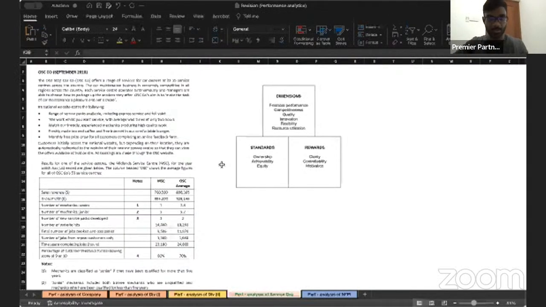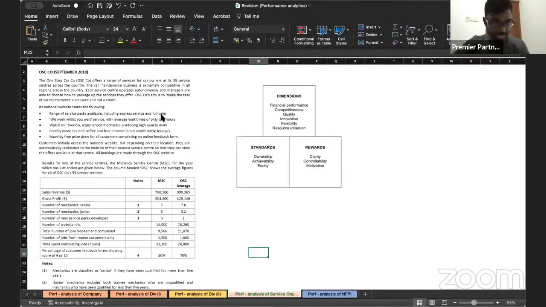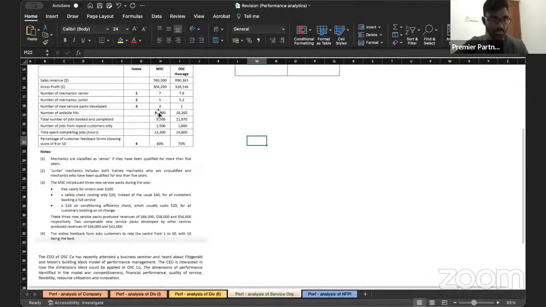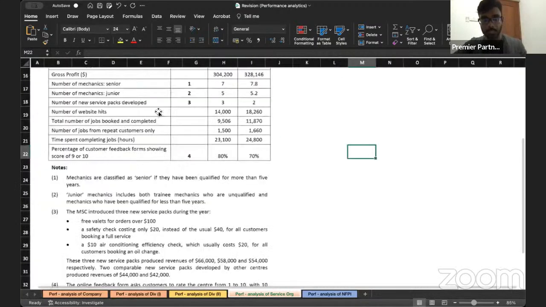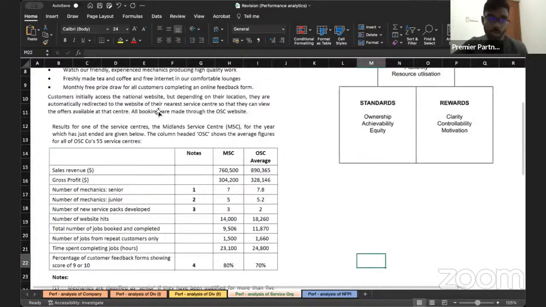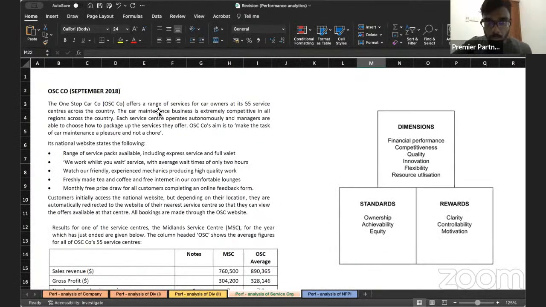Right. Okay. People, the reason why I have selected this question is because this is on that model that helps companies to evaluate. There are two main models when it comes to performance analytics models. You have the balanced scorecard and the building block model.